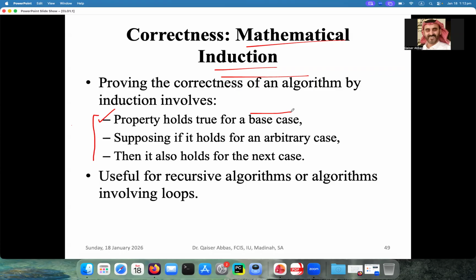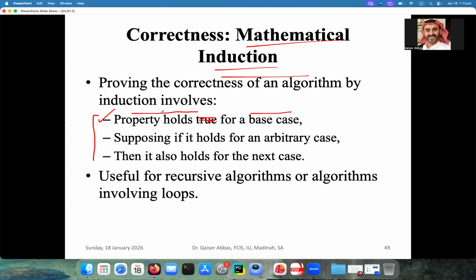You will assume some statement, and then you will show that this statement is true for the base case. When we say the property holds for a base case, it means true. There is no need to repeat this true here.